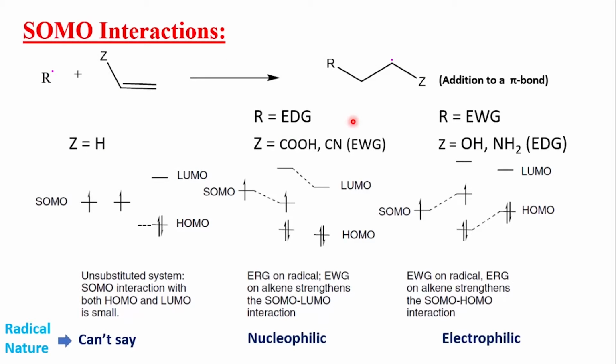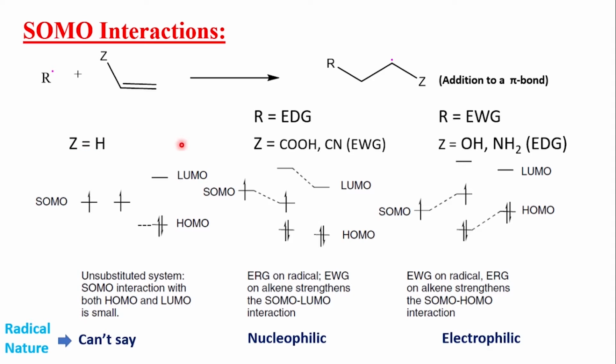We are considering the SOMO interaction with the HOMO-LUMO interaction of the pi bond. We want to know whether this radical acts as an electrophile or nucleophile. Now take this reaction as an example of addition to a pi bond. This radical adds to this pi bond and makes this new radical. In this first part, we are dividing it into three parts.